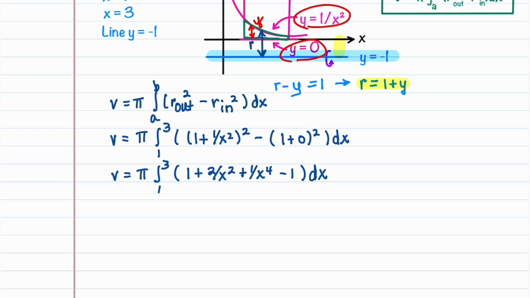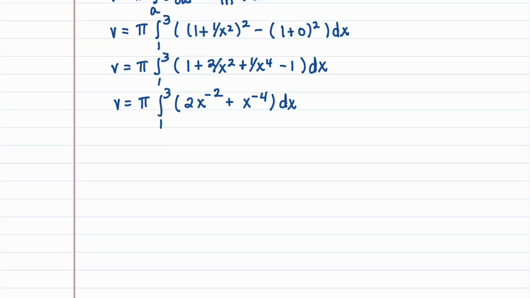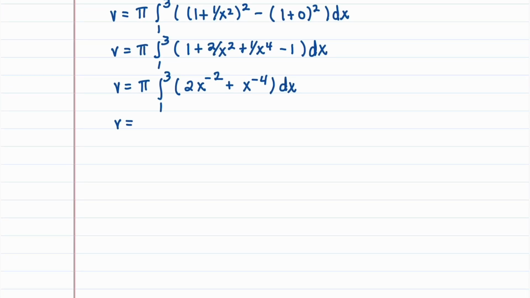Our 1's cancel, and I'm going to rewrite this so it's going to make it easier for us to integrate it. 2 over x squared we're going to write as 2x to the minus 2, and then 1 over x to the 4th, we're going to write as x to the minus 4, and then we have our dx. Now we can go ahead and integrate.